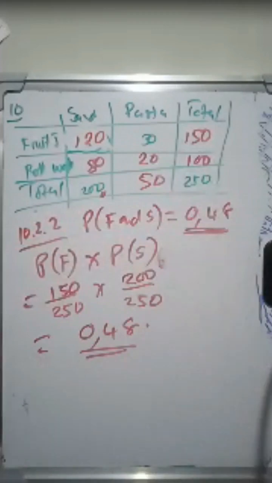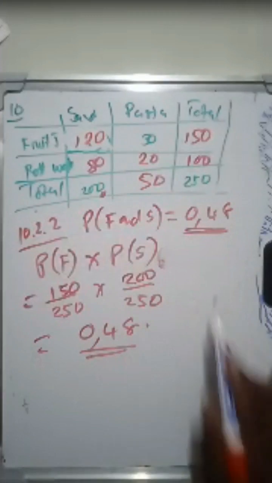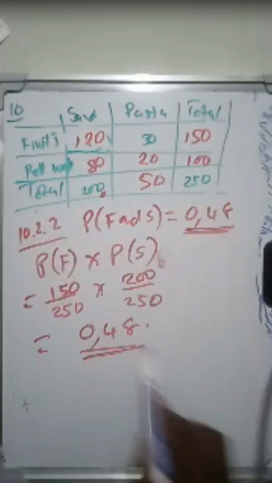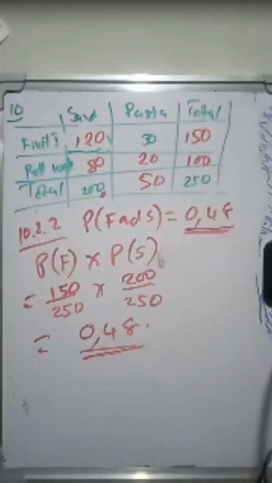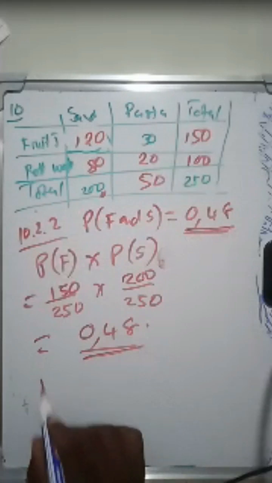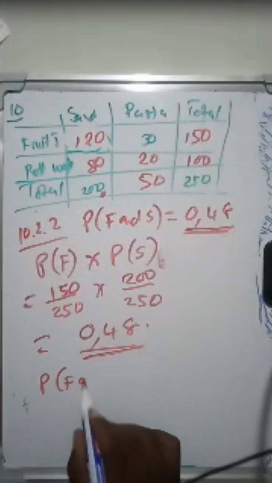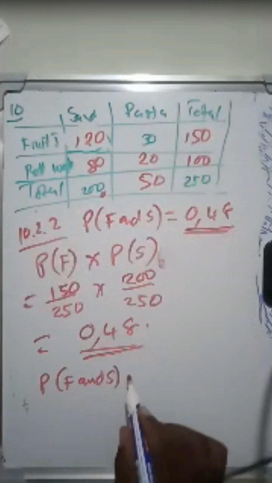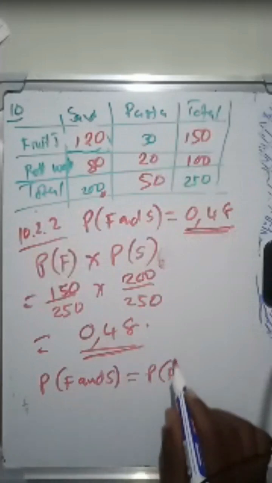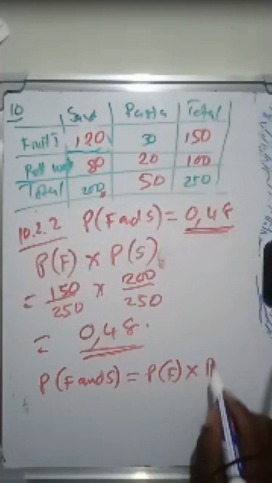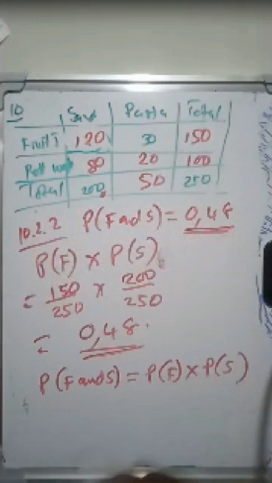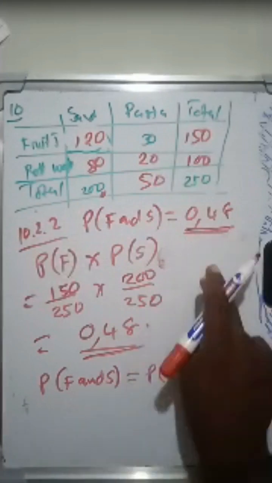Right? We get 0.48. If you got a fraction, change it to decimal so that you can compare. So now we compare this one and this one. What do we see? We see that they are the same. So our conclusion is going to say the probability of F and S is equal to the probability of F times the probability of S. They are equal because of that.